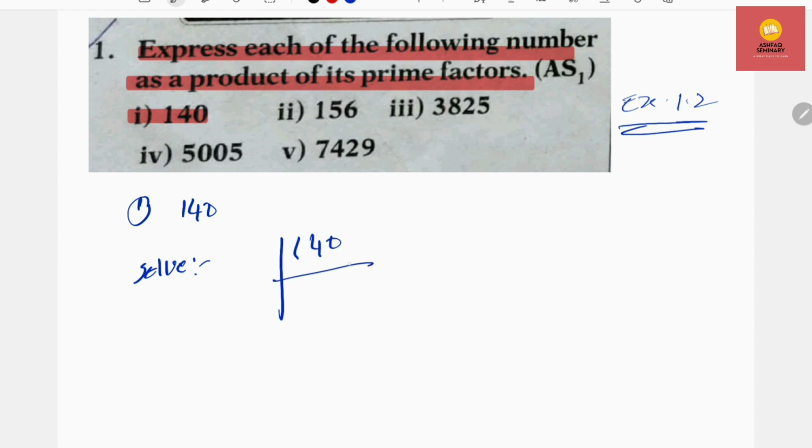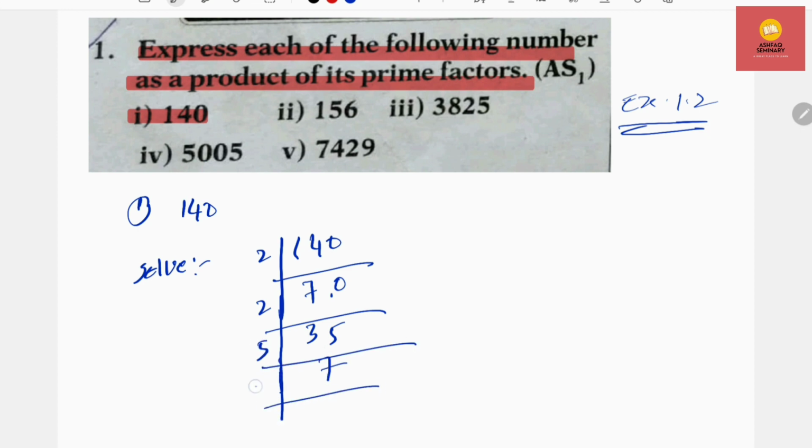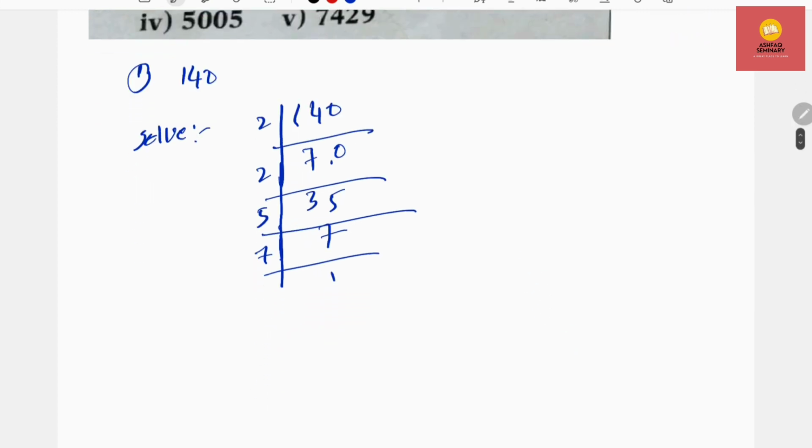2 sevens are 14, and 2 threes are 6, remainder is 1, 2 fives are 10. So 5 sevens are 35 and 7 ones are 7.